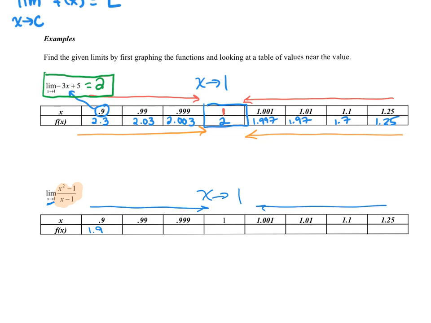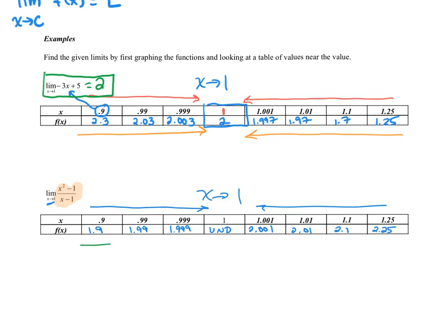So I get 1.9, 1.99, 1.999. At 1, I actually get undefined, because 1 minus 1 in the denominator is 0. You can't have a 0 in the bottom. Then 2.001, 2.01, 2.1, and 2.25.